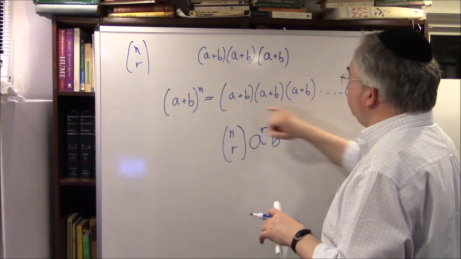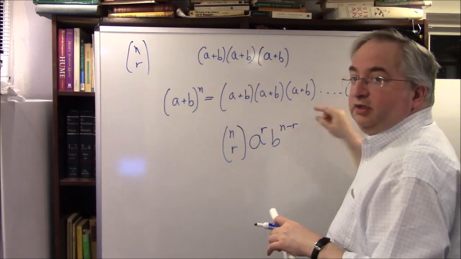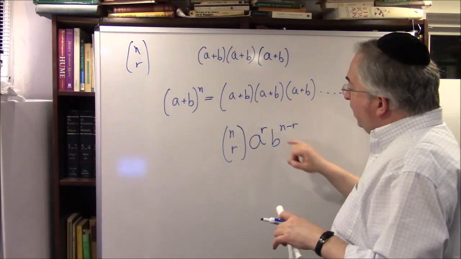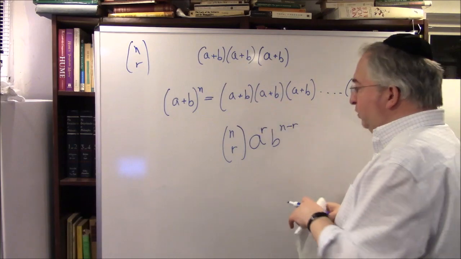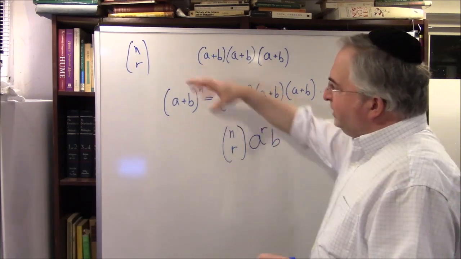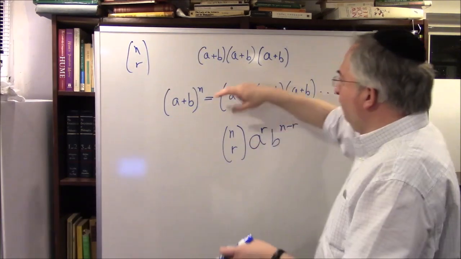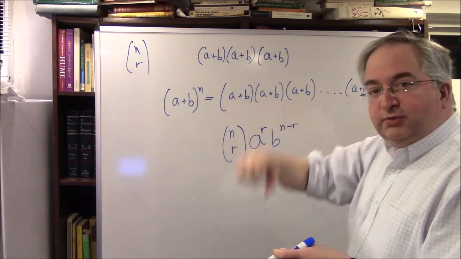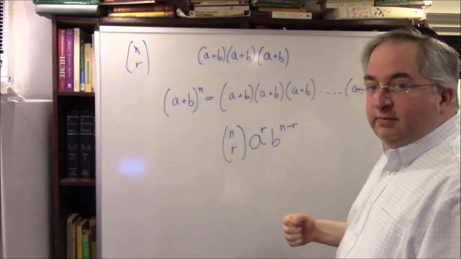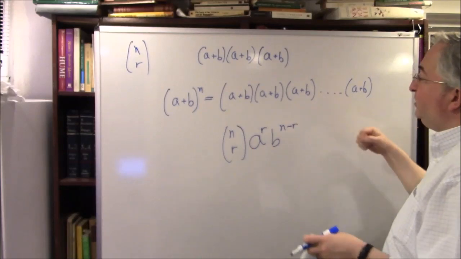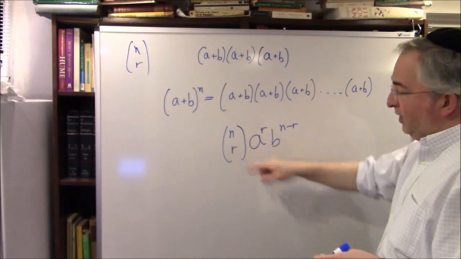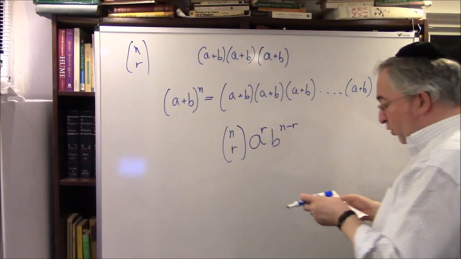I could choose this A and this A, but not the others. Let's think of this as an urn of different terms, and sometimes you pull out the A's, and sometimes you pull out the B's. How many different ways are there of pulling out the A's? Answer: n choose r.